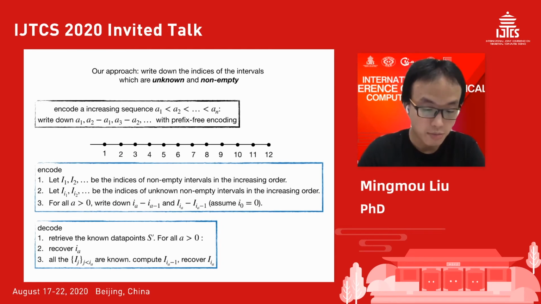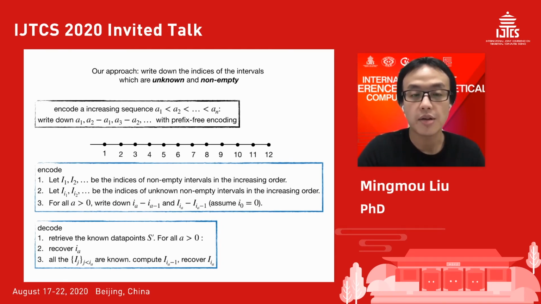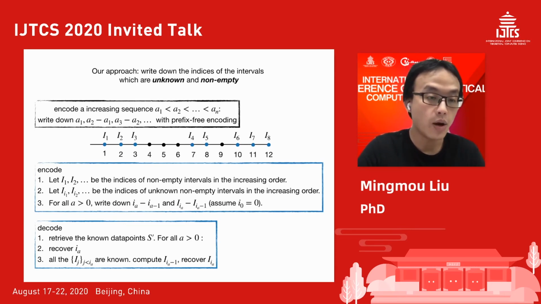Let's focus on some good block. The small intervals on a line can be considered as points on a line. We are interested in the non-empty intervals. We let I1, I2, I3 be the indexes of non-empty intervals.